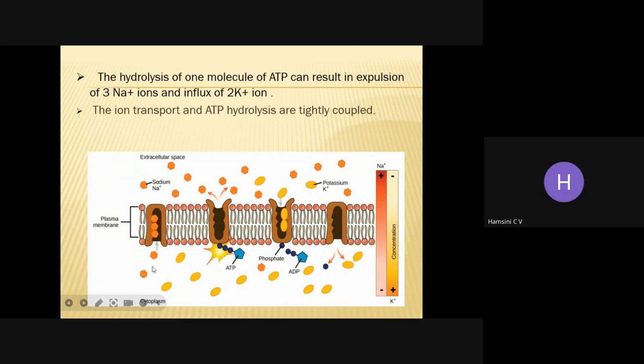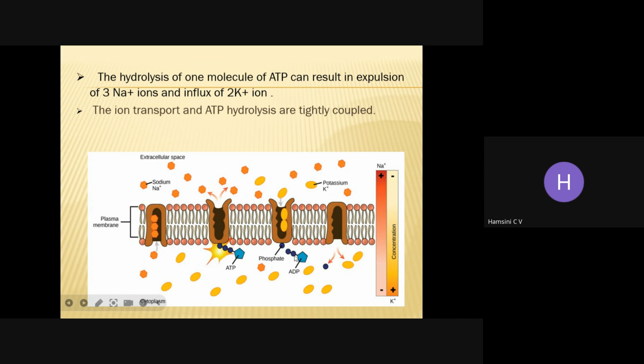So you can see here ATP is used, and this phosphate is broken. That broken phosphate liberates energy, which is used in transporting the sodium to the extracellular space. Used ATP is converted into ADP.